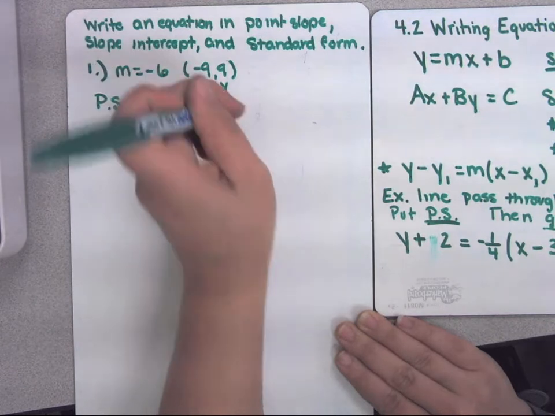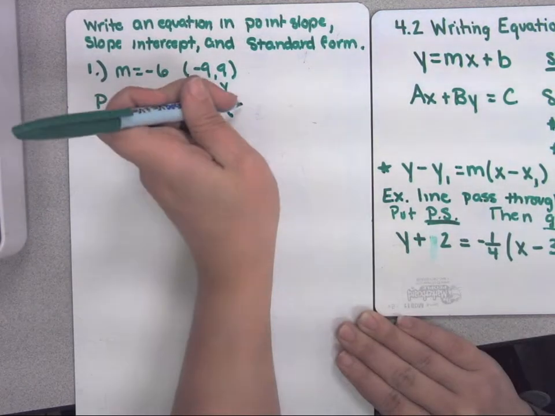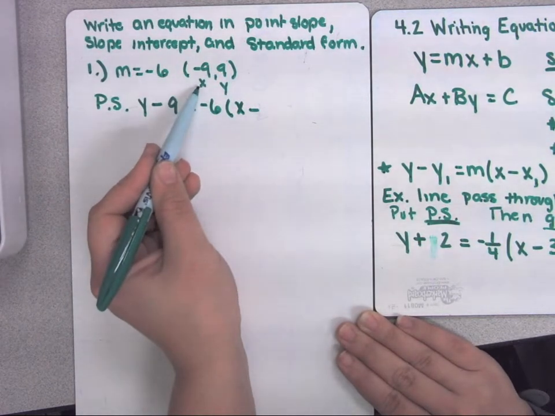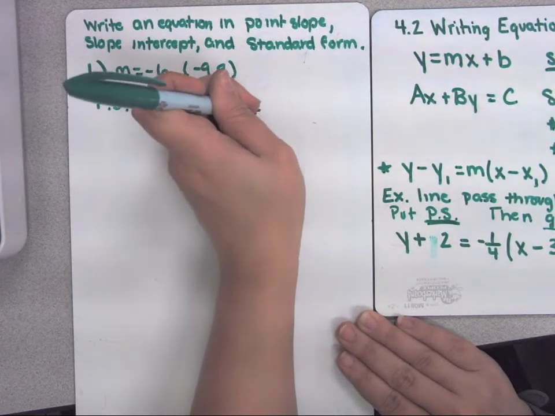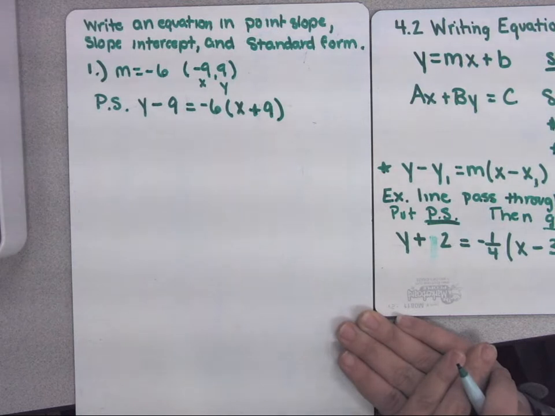Negative 6. Parentheses. Do I put anything in for that X? Nope. So X minus, what's X sub 1? Does that change my equation? Yes, it's going to turn into plus 9. Look, that's the answer. You already have 1/3 of this done. Ta-da.